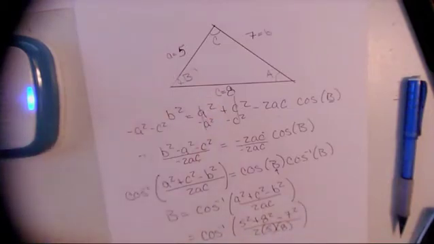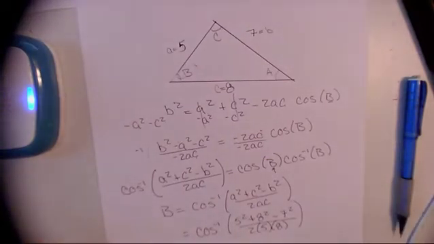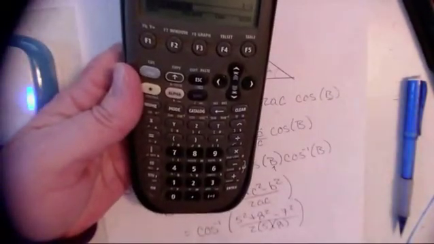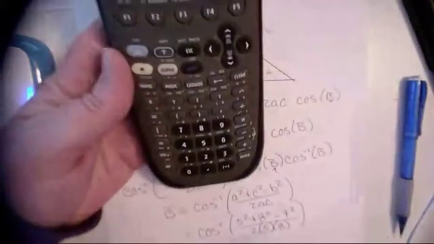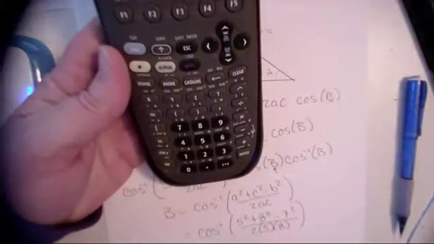And close my parentheses. And I'm going to put that in my calculator and see what happens. And after some button pushing, I come up with, I am going to be taking the arc cosine, I don't know if you can see that, of 1/2.